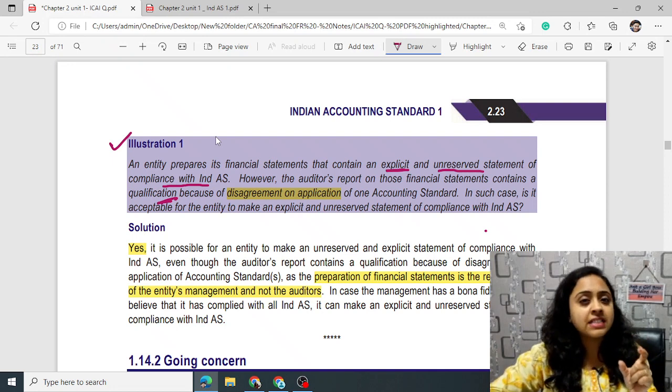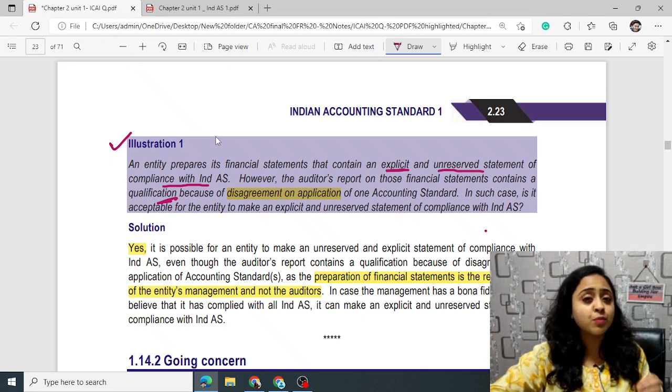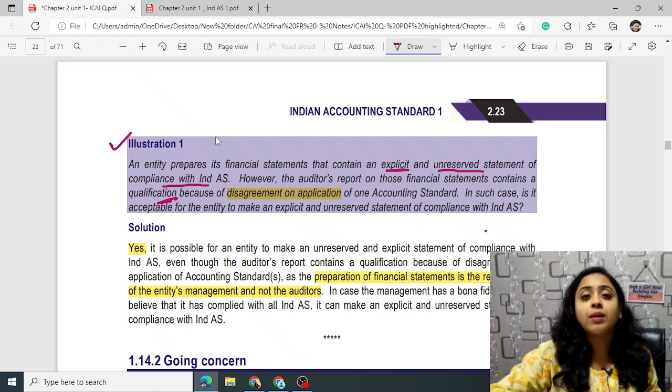Such a disagreement between auditor and management will not amount to non-compliance of Ind AS. Just because of such a disagreement between auditor and management, we will not consider that such statements are not compliant with Ind AS.